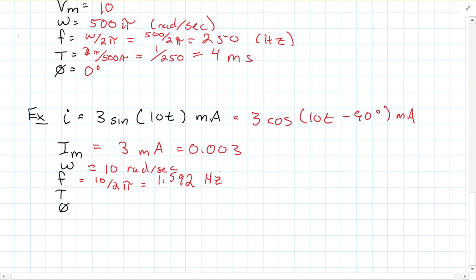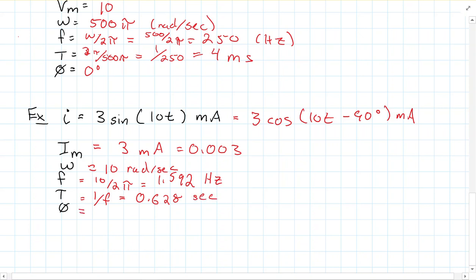And then, of course, we can get the period by doing 1 over the frequency. Now that I have this in my calculator, if I simply do the reciprocal of that, rounding it to 3 decimal places, I get 0.628, and this would be in seconds.